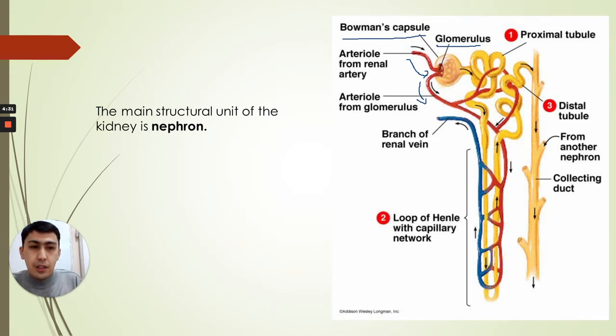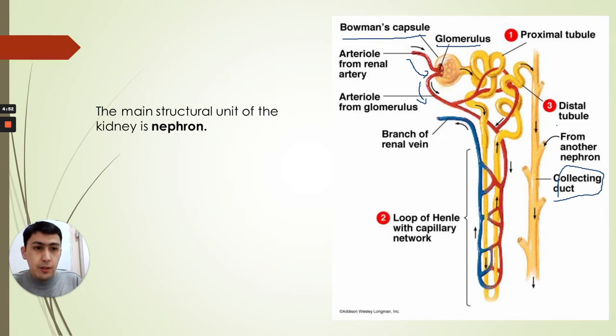In each of these tubules, substances will be reabsorbed again, and the final urine goes from the distal tubule to the collecting duct. The collecting duct collects urine from a lot of nephrons.